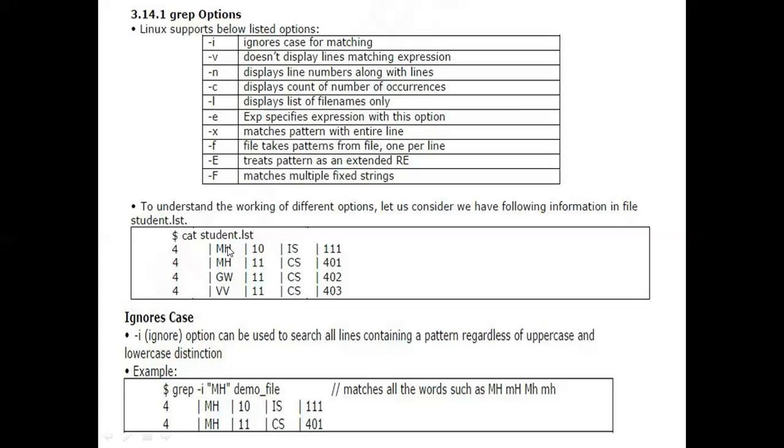Even if it is small mh, that should be matched. Example: grep, you are using an option called -i. You are trying to search for the pattern mh in this particular demo file, student.lst. It will match all the words such as mh: small m capital H, capital M small h, small m small h.